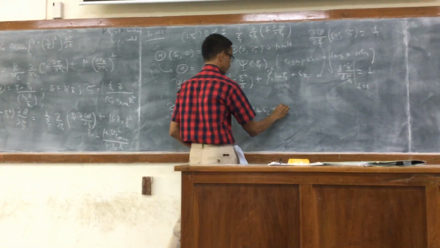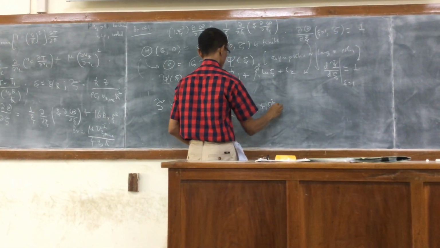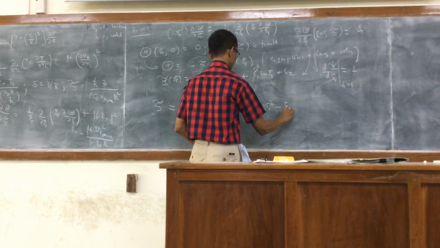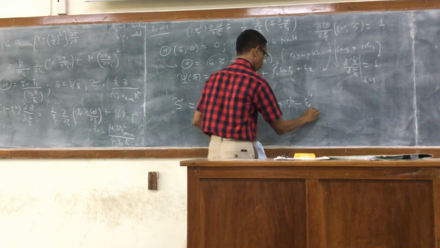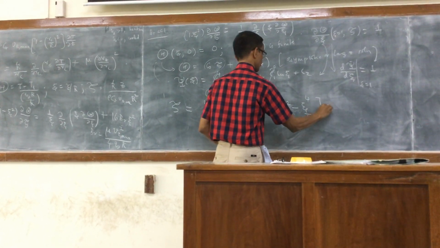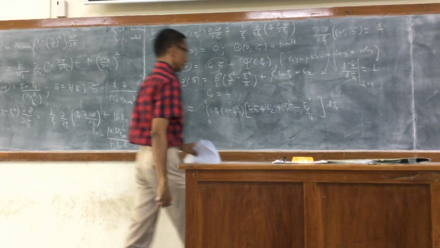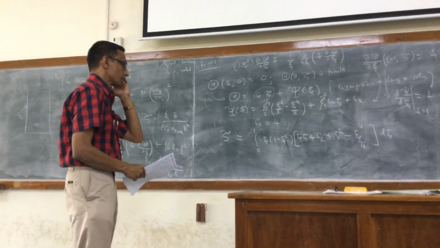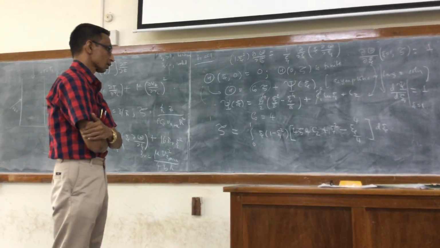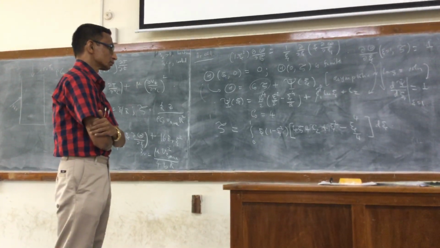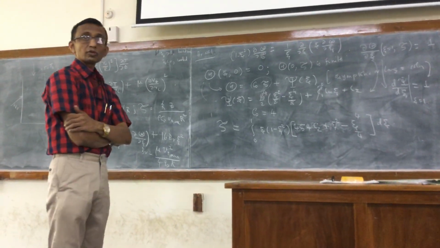So this would be psi squared, right, minus psi power 4 by 4. This has to be integrated, and so this has been integrated.